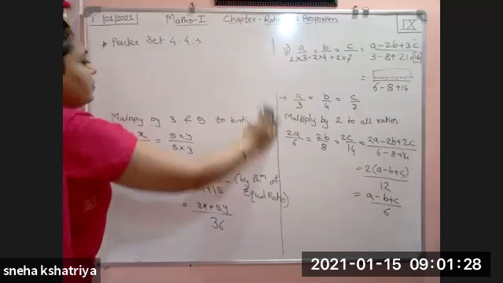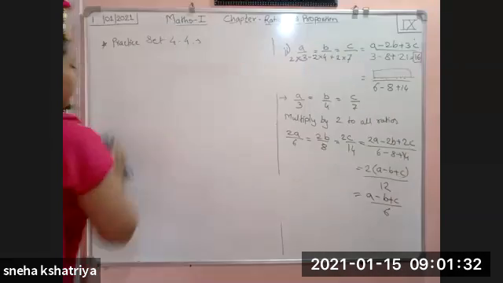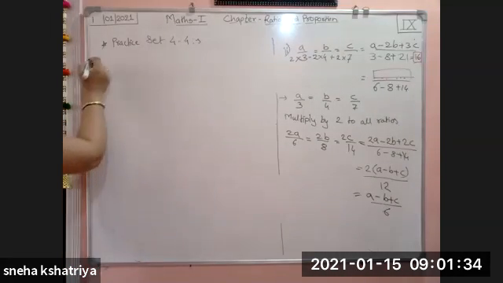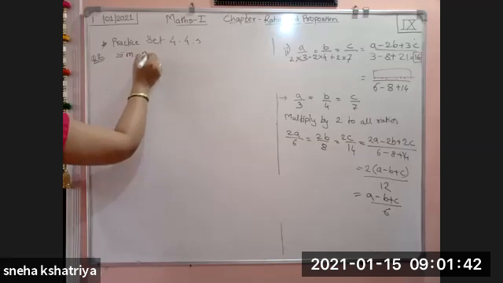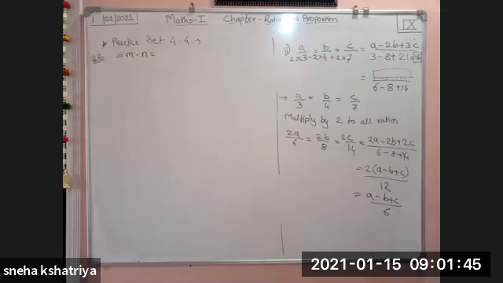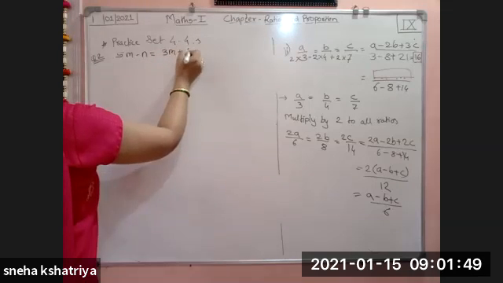Question number 2 now. 5m minus n, which is equal to 3m plus 4n.